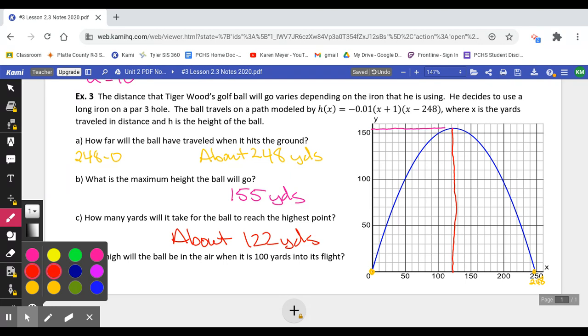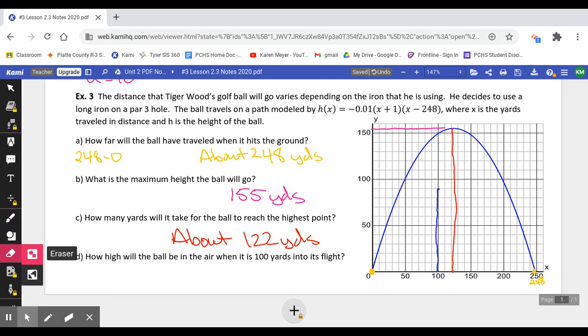And then the last one, how high will the ball be in the air when it is 100 yards into its flight? So then I come find 100. And I'm going to follow it up. Oh, hold on.